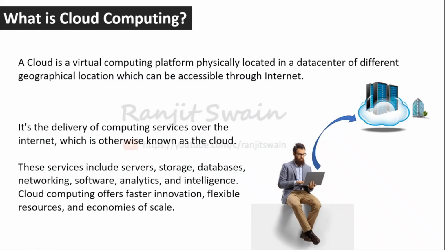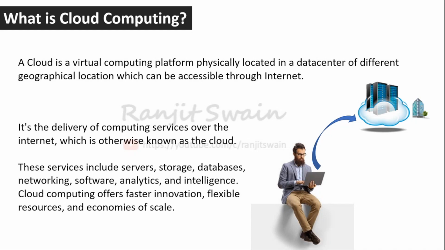So a cloud, I think it's visible, right? Yes, sir. A cloud is a virtual computing platform. So what is the computing platform? We can input some data, and computing power gives us output. Like we have our laptop computer, we give some input and it gives some output.